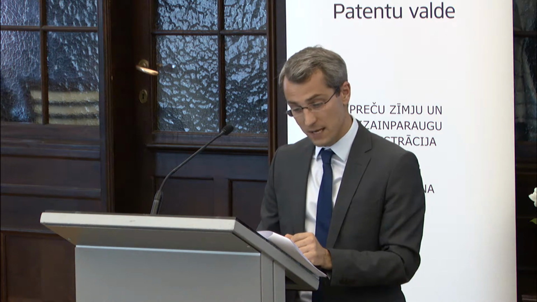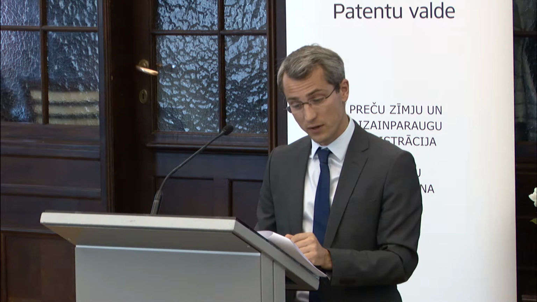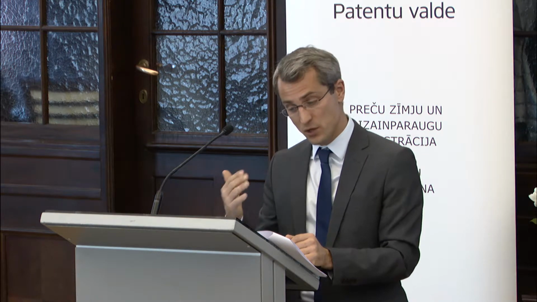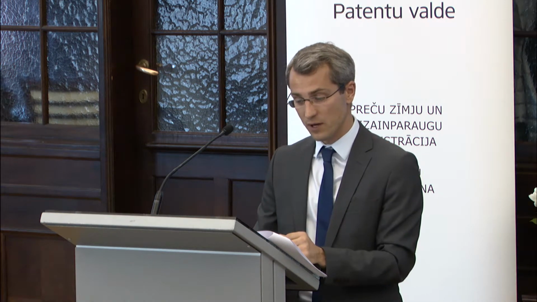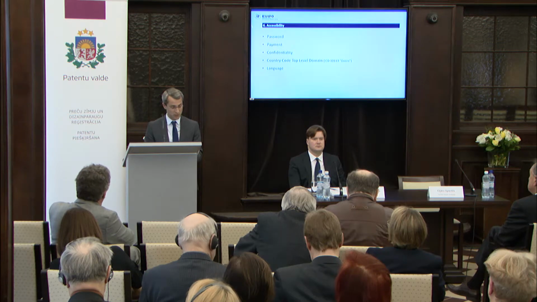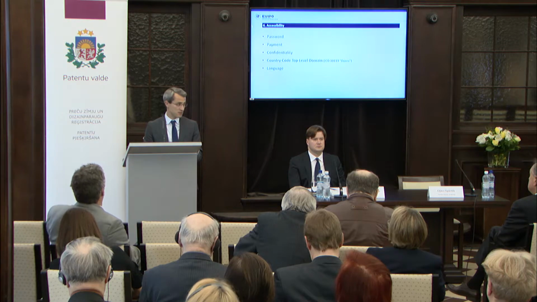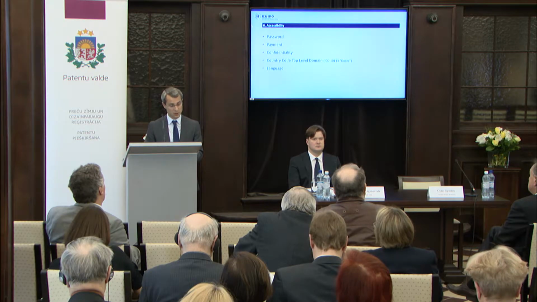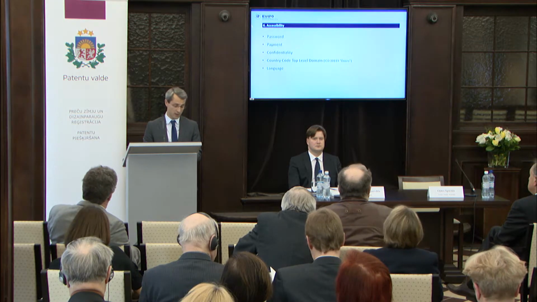So one of the factors that has to be taken into account when considering the exception that the specialized circles could not really become aware of the disclosure is the accessibility of the information. In that case, I would say when assessing this factor, the office has quite a liberal approach. So for example, such an issue as whether the website where disclosure might have happened was protected by a password.